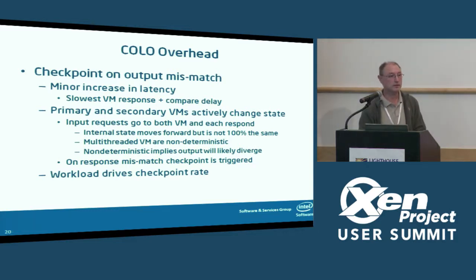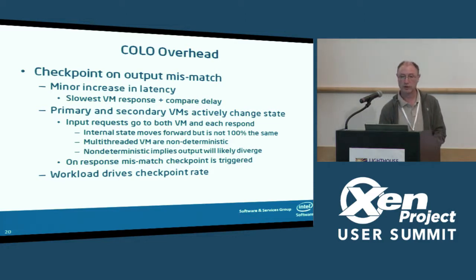Now, this generally will not be as bad as what we would see in Remus. A big part of this is because the two machines are moving forward, they're both generating state. And one of the issues here is that because they can be multi-threaded, these are non-deterministic. So the two VMs will get out of equivalent state, and that generates a different sequence of responses.